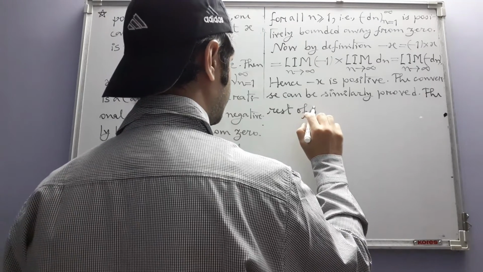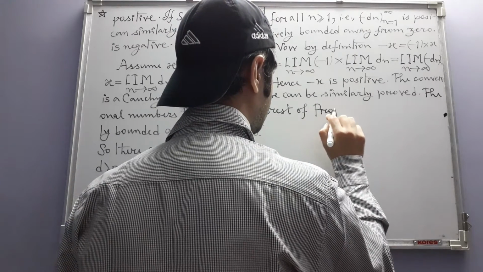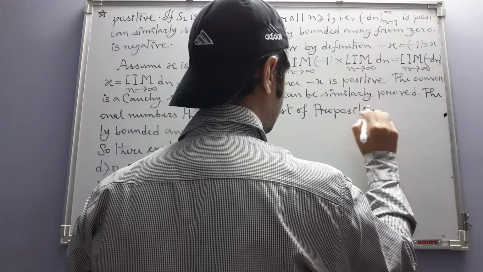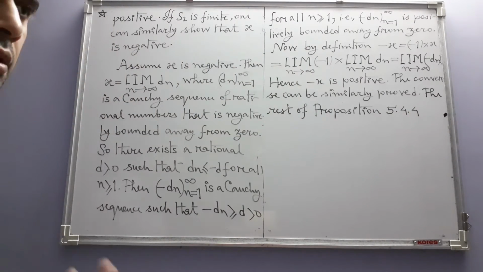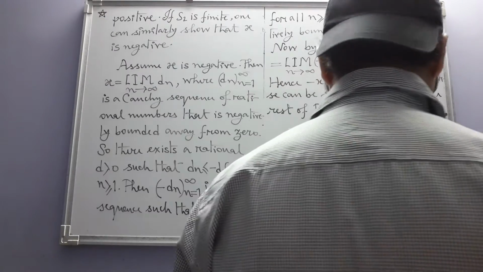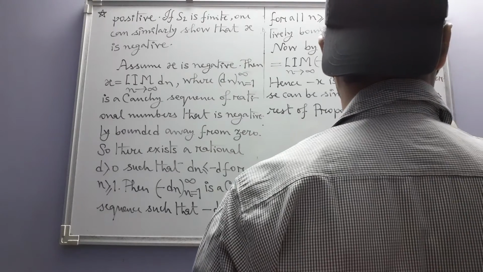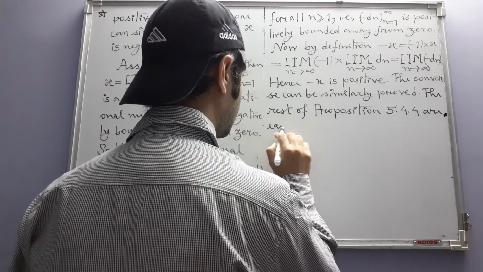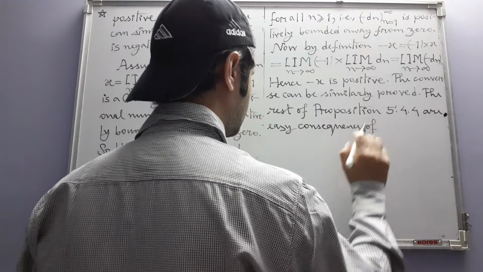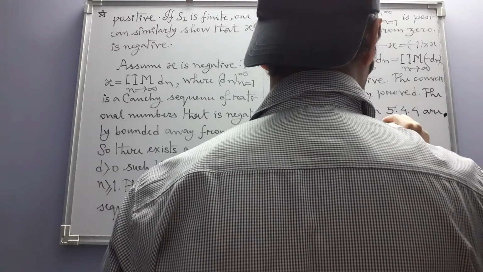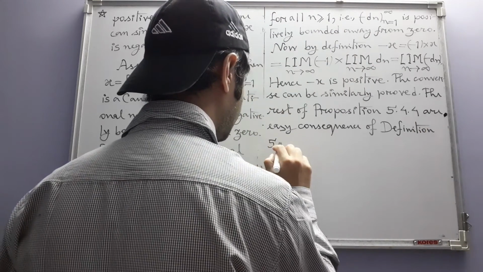The rest of proposition 5.4.4, namely the statements that if x and y are two positive real numbers, then x plus y and xy are also positive, are easy consequences of this definition, 5.4.3.